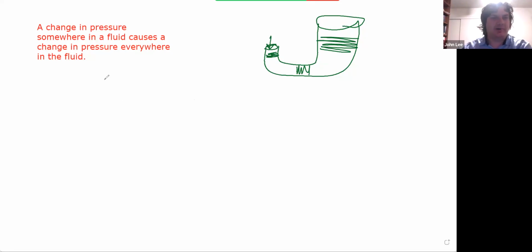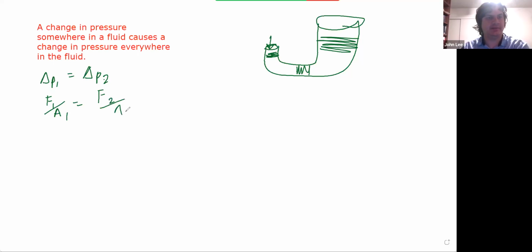So what this means is that the change in pressure in one area is equal to the change in pressure in another area, or force 1 over A1 is equal to force 2 over A2.